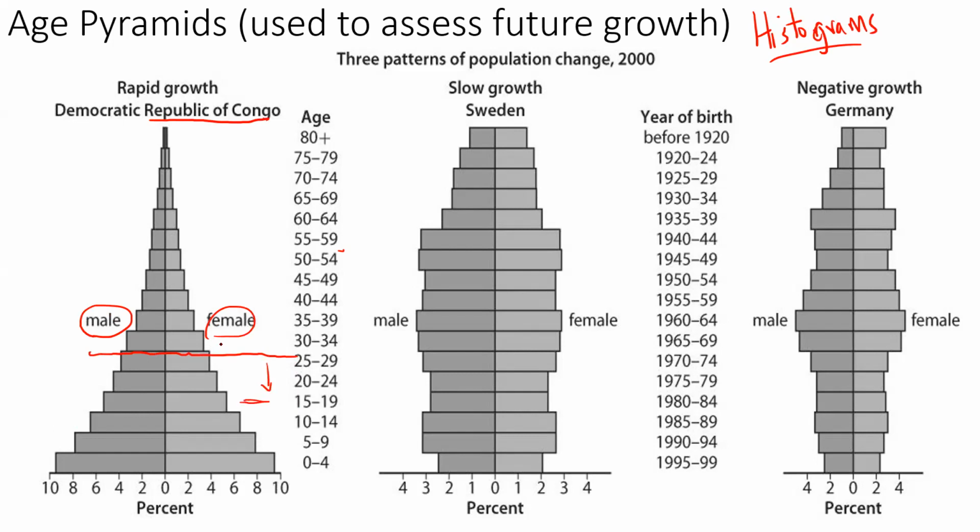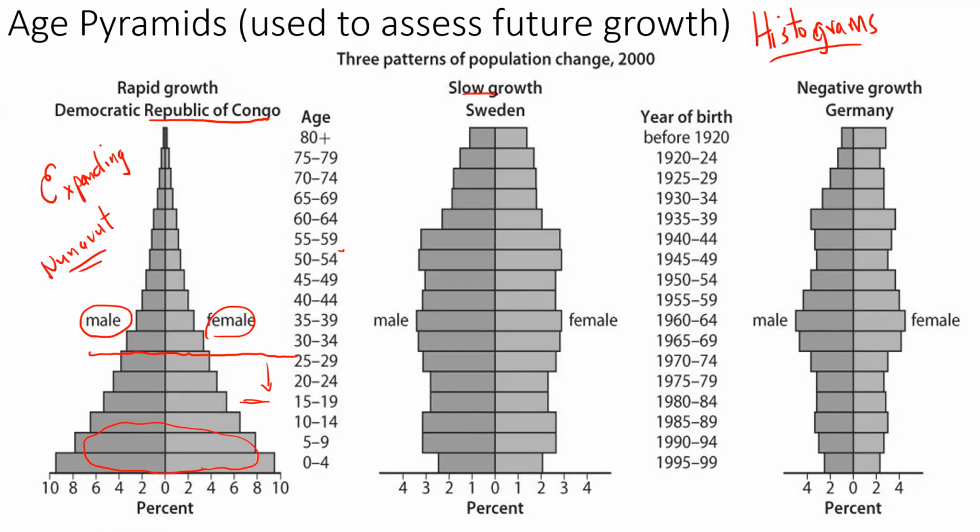Lots of people. So this shows me an expanding population, okay? These people are going to have a lot of children. This incidentally is what Nunavut looks like, okay? Which has got significant policy implications with a large expanding Aboriginal population.